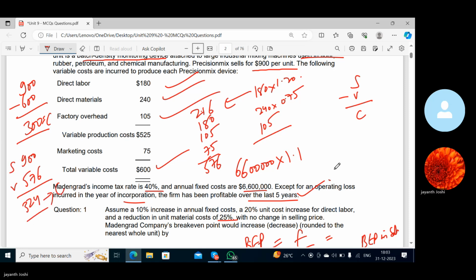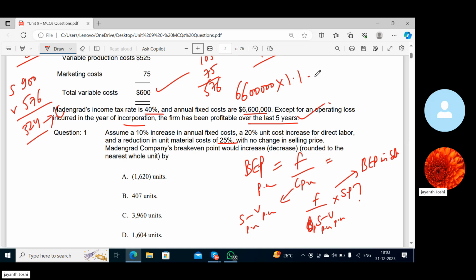Why did we find out the contribution? Because fixed cost by contribution is break-even point, right? Yes, sir. Fixed cost has increased. So what is the value of fixed cost here? Six, 72 lakh 60,000. Okay.